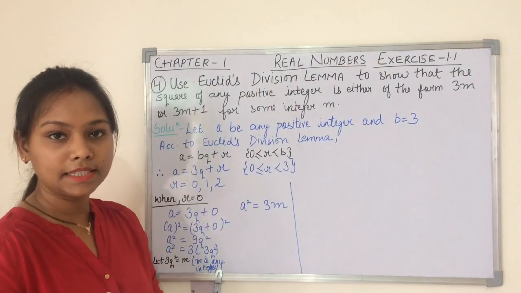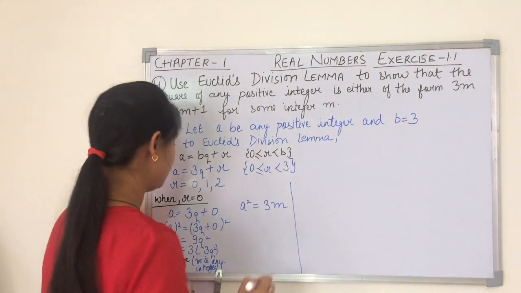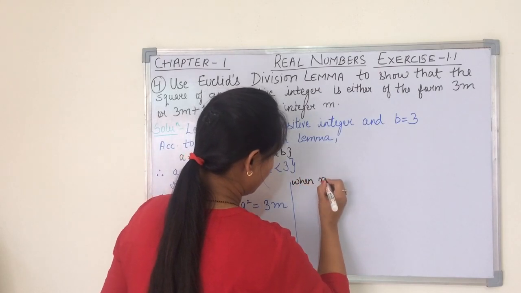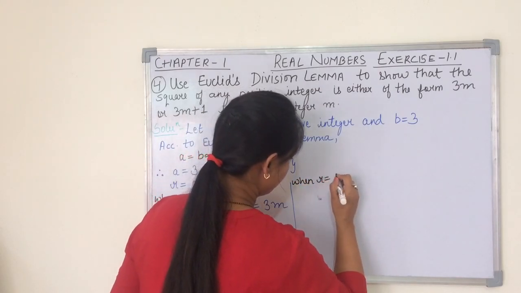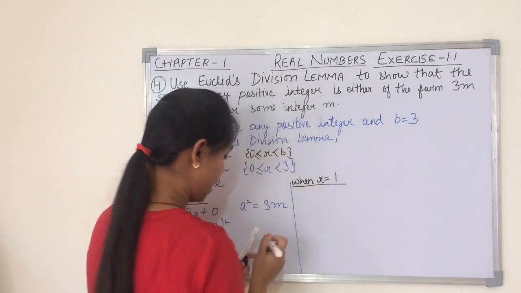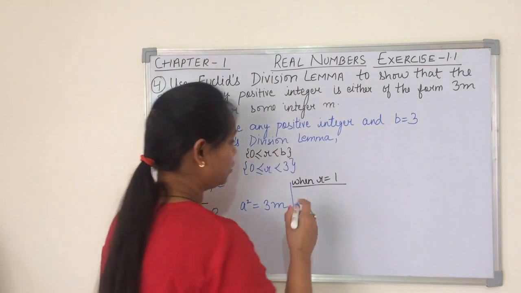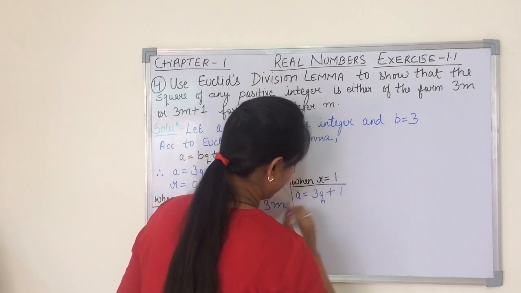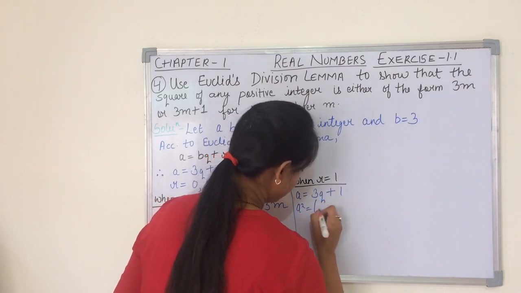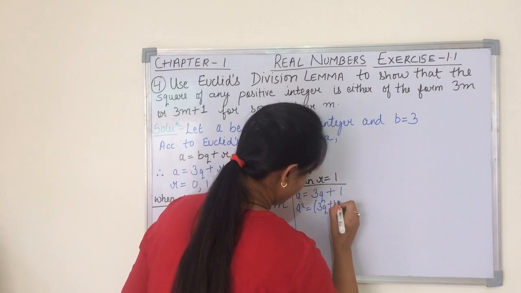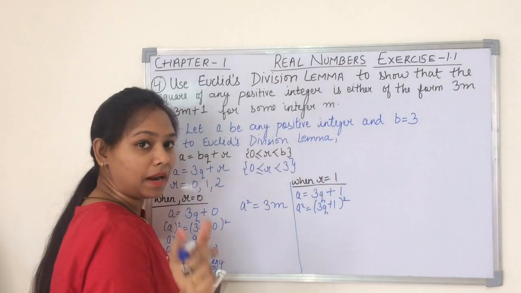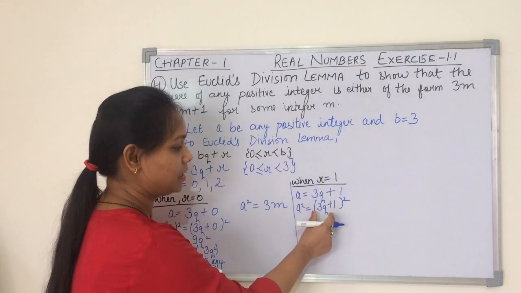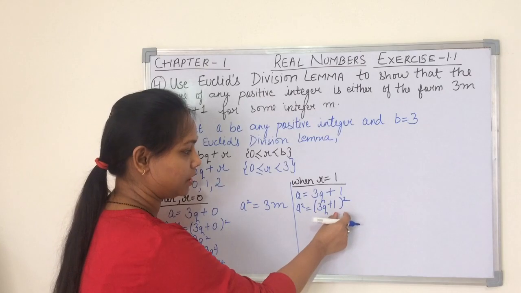Now in the second case, if we take remainder 1, what will we get when r is equal to 1? जब हम r 1 ले लेंगे तो a की वैल्यू क्या हो जाएगी? a will become 3q plus 1. On squaring we will get 3q plus 1 whole square. We will apply the formula of a plus b whole square here. As we can see, a is 3q and b is 1.